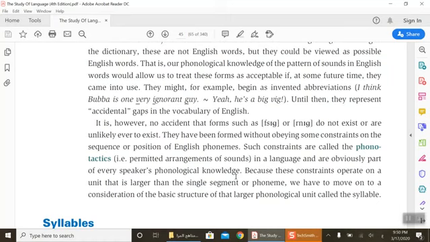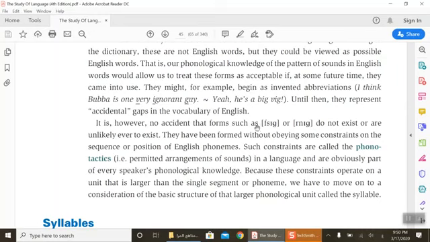I will repeat the definition slowly. Phonotactics studies or deals with the ways in which phonemes are allowed to combine in a particular language. Permitted arrangement of sounds, of phonemes, in a language. This is phonotactics.